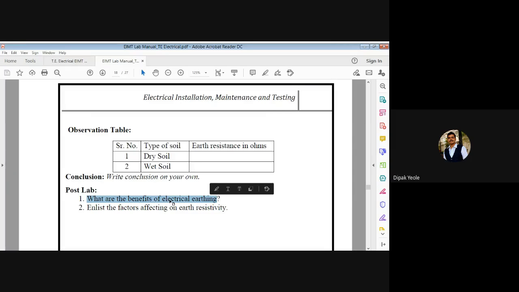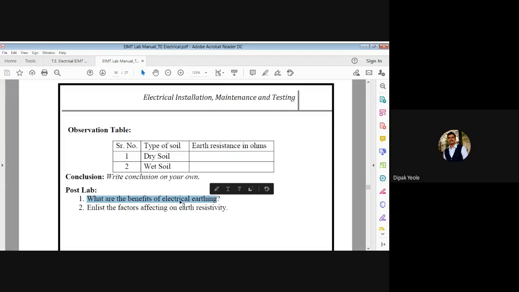So if we are following electrical earthing for our premises, or for our electrical equipment, then obviously there are advantages, and these benefits we have to discuss here. So what is the number one benefit of having proper electrical earthing? I'm going to say the word proper. Proper means it should be within the limit.